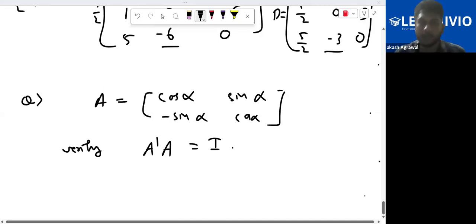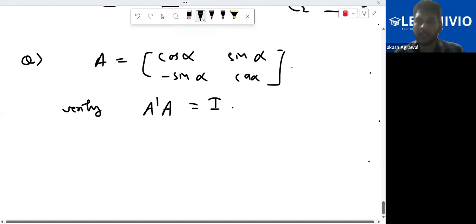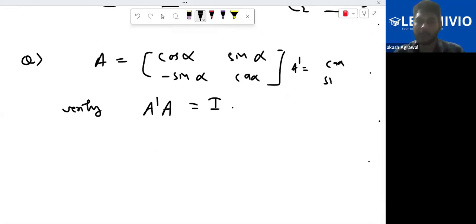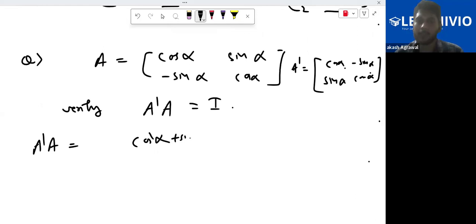Okay. So here A transpose is cos alpha, sin alpha, minus sin alpha, and cos alpha. If we multiply this A transpose times A, so cos alpha and cos alpha, cos square alpha, plus sin square alpha, then cos alpha and sin alpha, and minus sin alpha cos alpha.